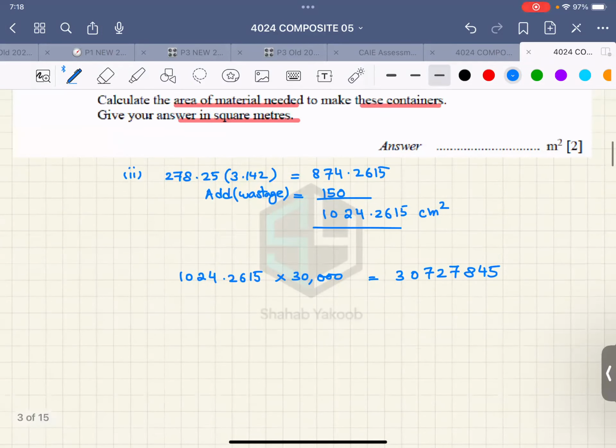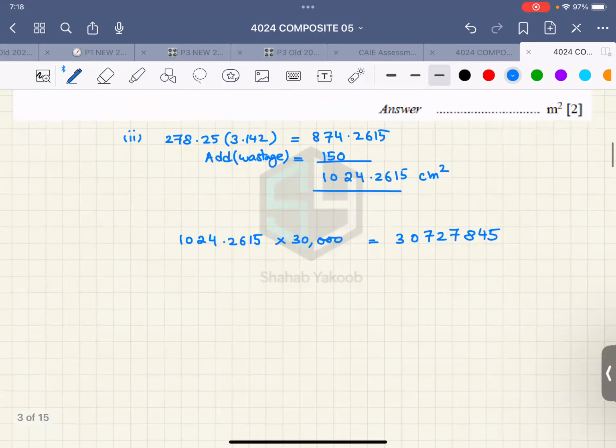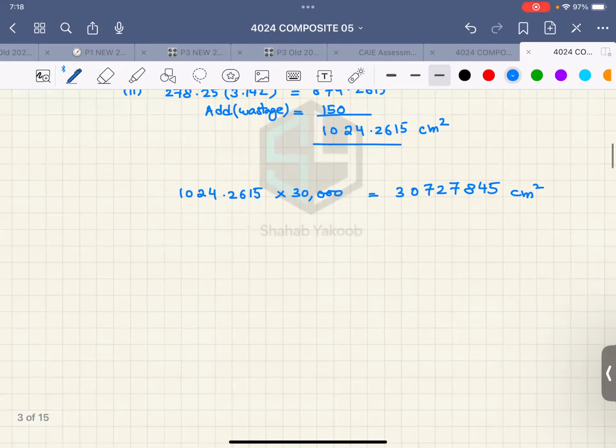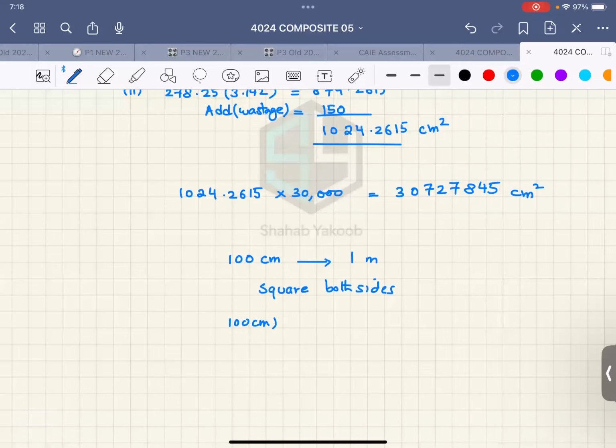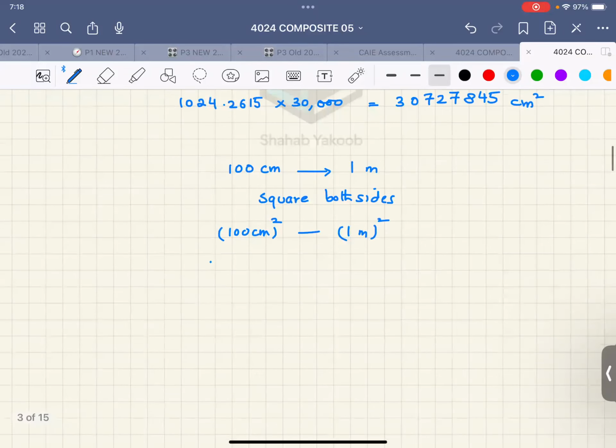But I need to give the answer in square meters. This is centimeter square. We know that 100 centimeters is 1 meter. And then if I square both sides, what do I get? 100 centimeter, the whole thing square, is 1 meter, the whole thing square. That is 10,000 centimeters square is 1 meter square.